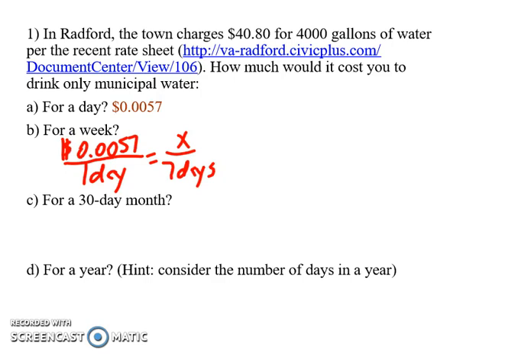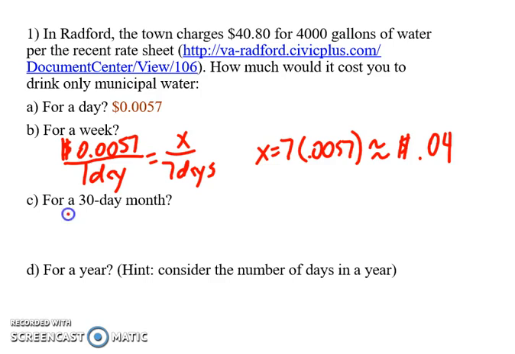I'm just going to be multiplying 7 times that half penny, and I'm going to get that it'll cost me approximately 4 cents. Approximately 4 cents. Think of that. For a week of drinking municipal water, it costs me 4 cents.